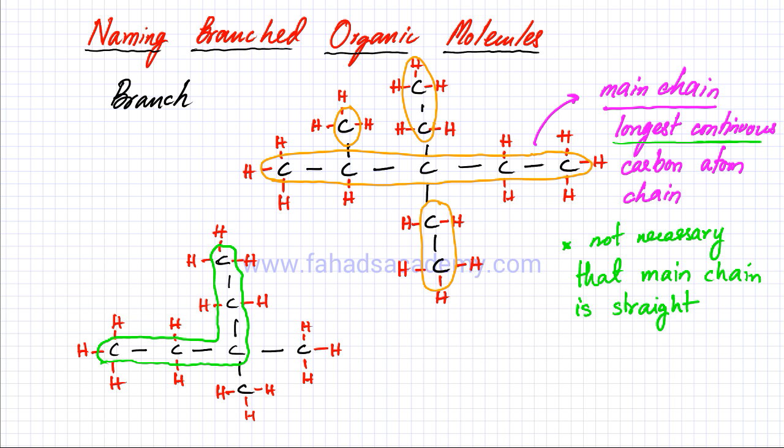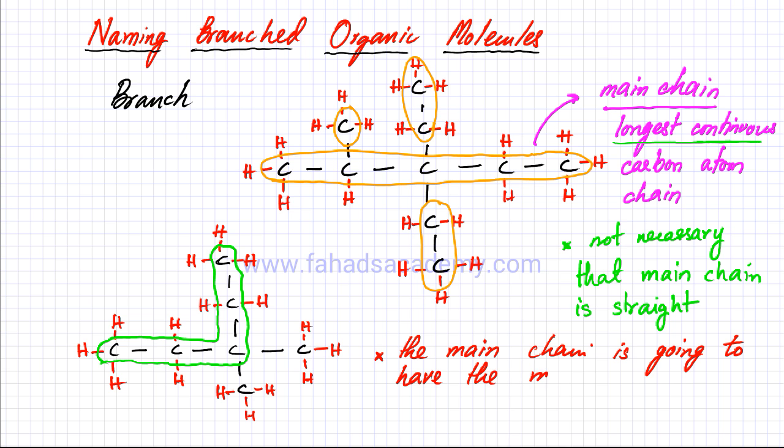Another important factor that determines which one is going to be the main chain: when deciding what the main chain is going to be, the main chain is going to have the maximum substituents, or we can say it's going to have the maximum number of branches attached to it.